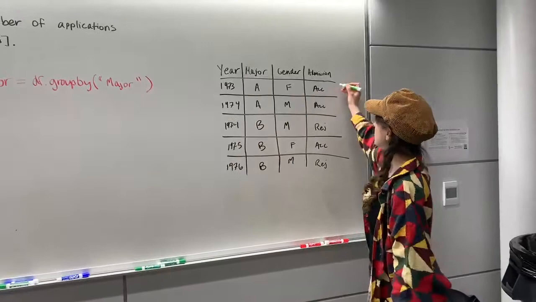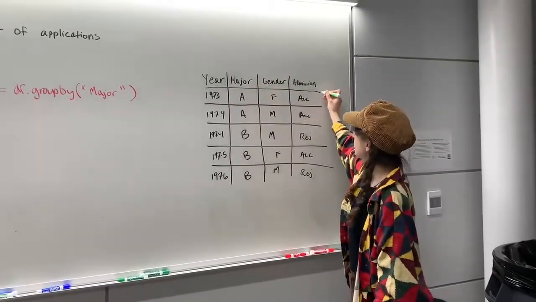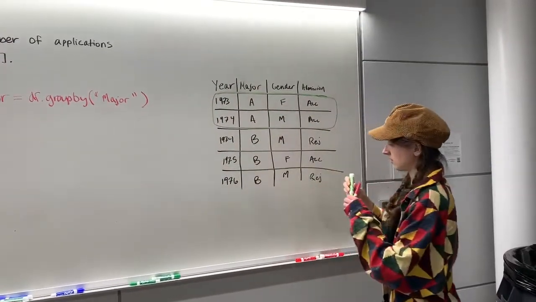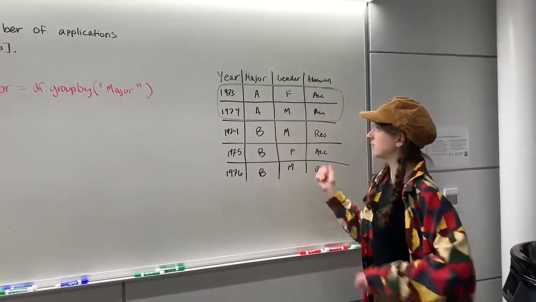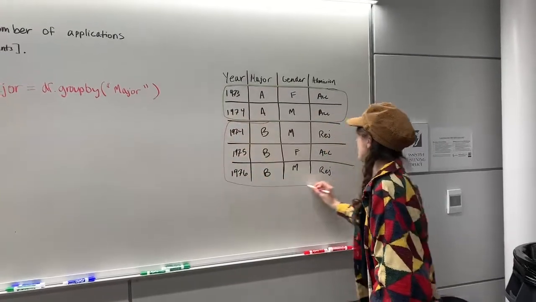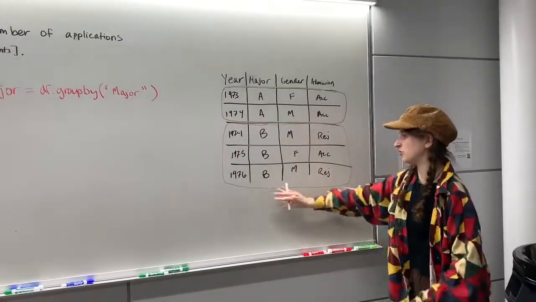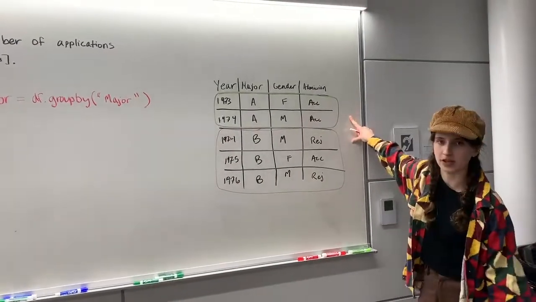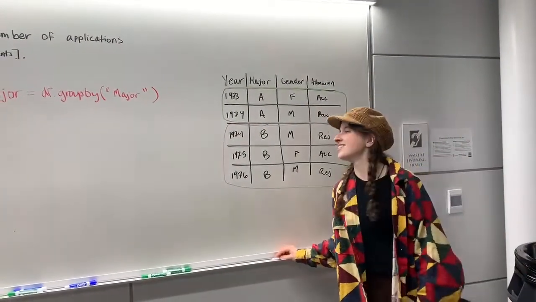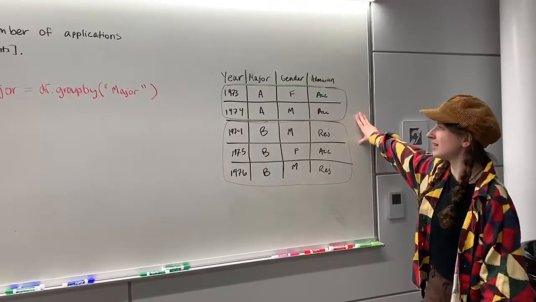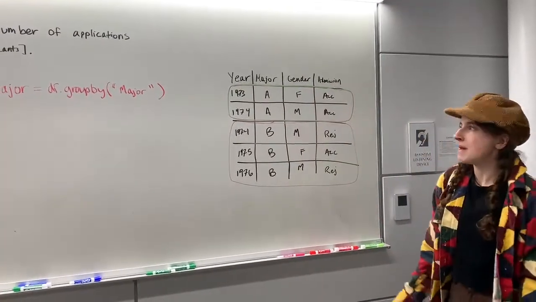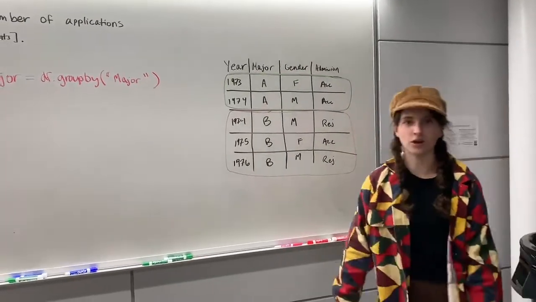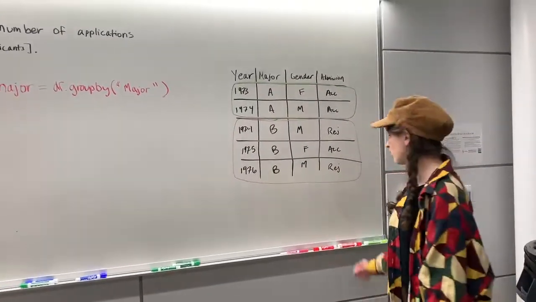So for example, now all the major A is together in one group, and all the applicants of major B are together in one group, and then the actual data frame under this will be major C, then D, then E, but this is easier to look at because I don't want to write out the entire thing. So now that we've had this, maybe we can go through and count like 1, 2, 1, 2. Oh my god, it's taking too long. Okay, let's make some code for this because I don't want to count.